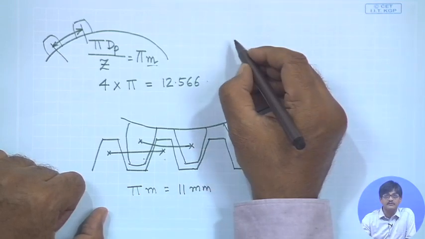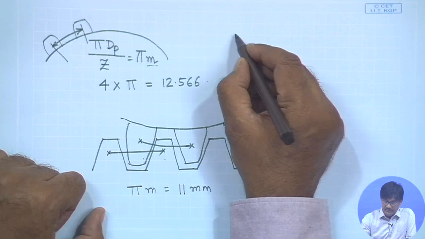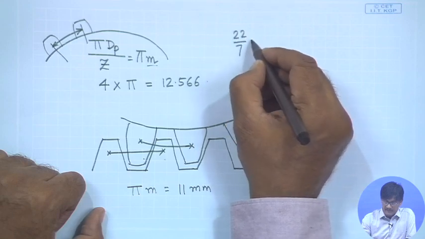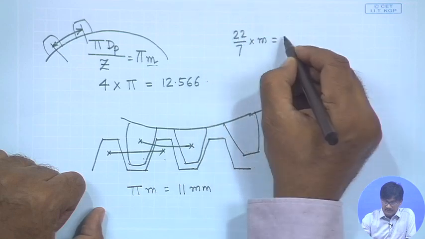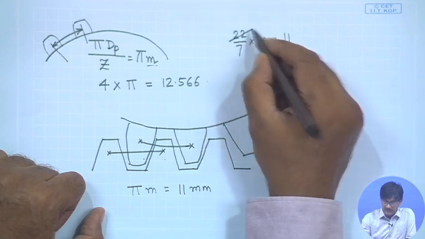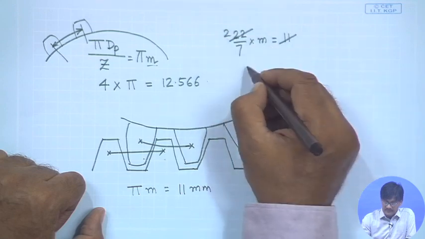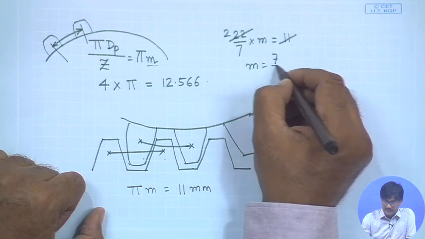Let us use this part, this is clear. So, we have 22 by 7 into module equal to 11. This and this they will cancel and module is equal to 7 by 2.